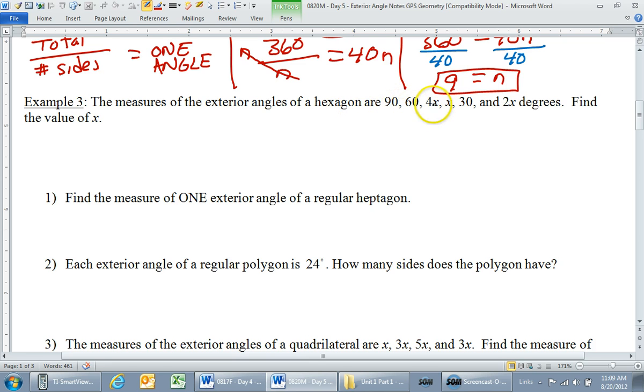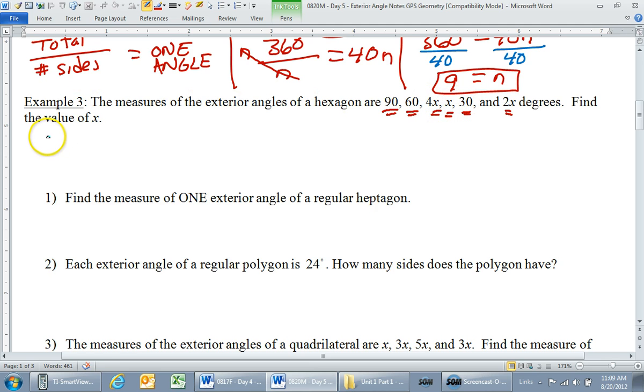How many little expressions are we given? We got 6 angles. We're given expressions for all 6. Prothero, what should they add up to be? 360. They should add up to be 360.